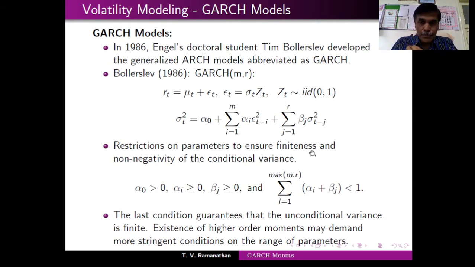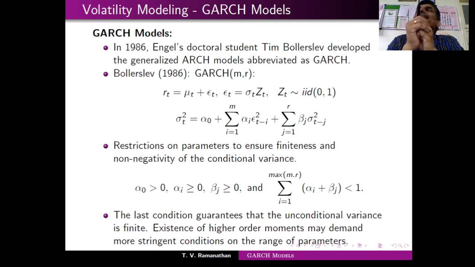Similarly for the other term, if I assume m is larger, you need that many terms. But we don't have observations for those, because we start from epsilon 1 square only. You don't have epsilon 0 or epsilon minus 1, so you may have to go m steps backwards.